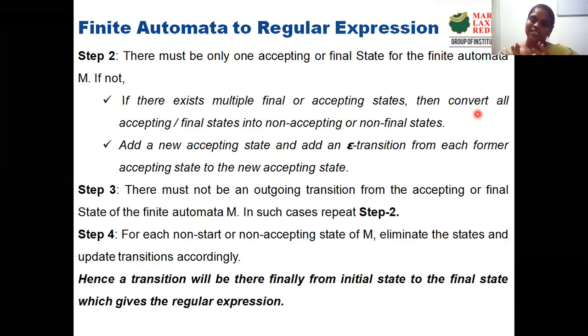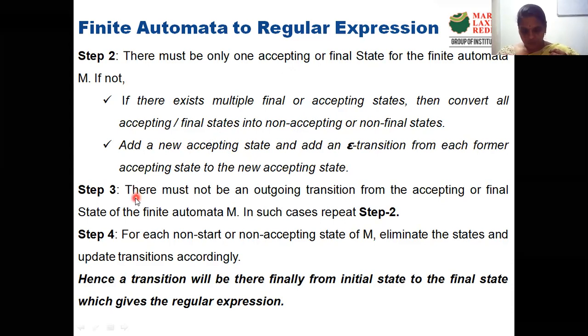How is this done? Add a new accepting state and connect all the previous final states to the new final state using an epsilon move. It is the same process that we followed in the previous step, but there it was an initial state and here it is a final state.